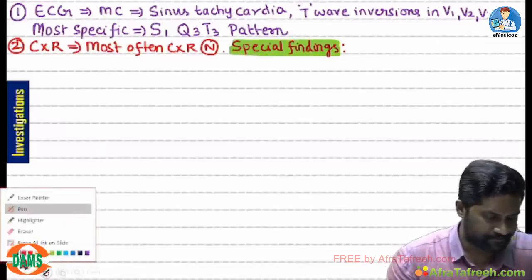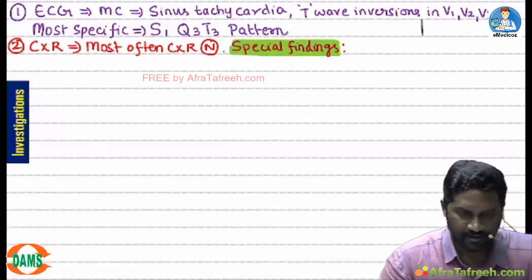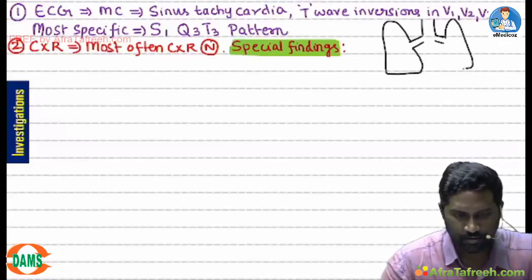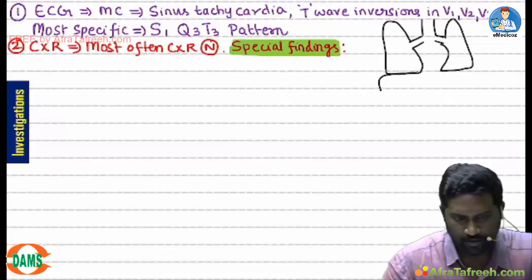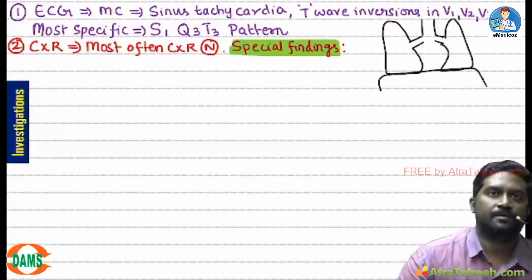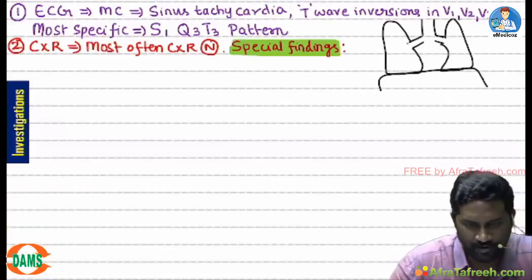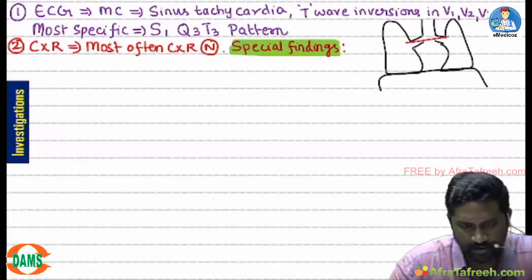Let us see. Consider this is the lung, on a diaphragm. On the surface of your lung, most important blood vessel will be the pulmonary artery.